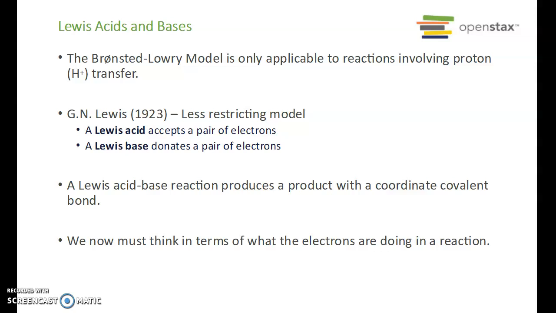This is very appropriate for Lewis acids and bases, because instead of looking at it in terms of a proton, we looked at an acid as something that accepts a pair of electrons, and a Lewis base is something that donates a pair of electrons. So a Lewis acid-base reaction produces a product with a coordinate covalent bond.